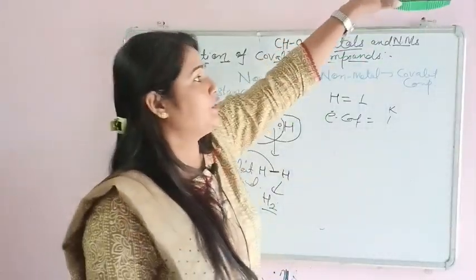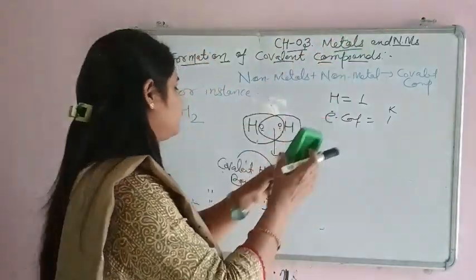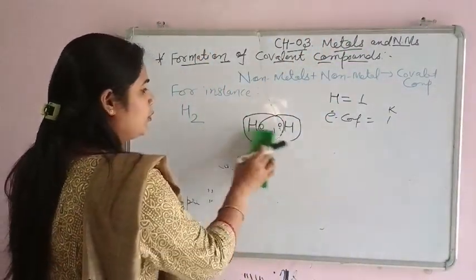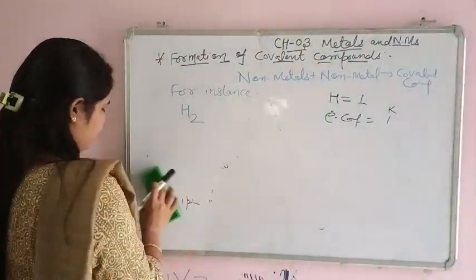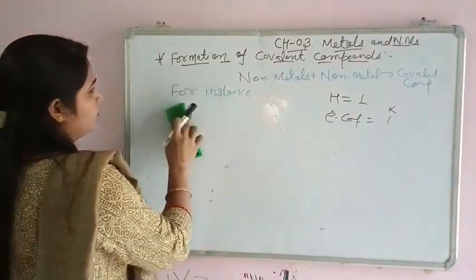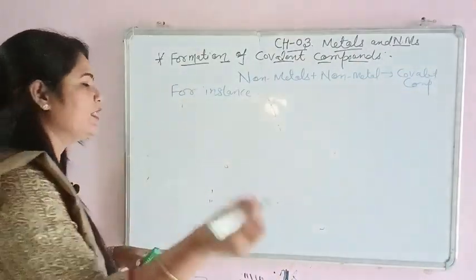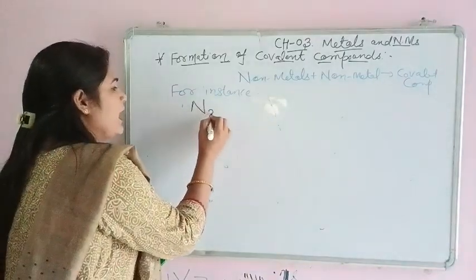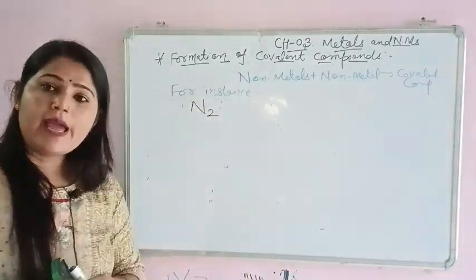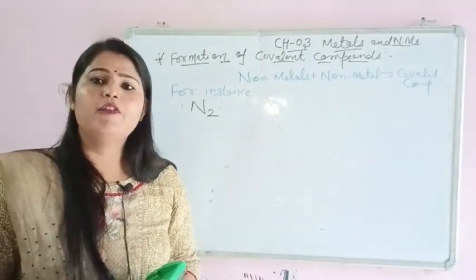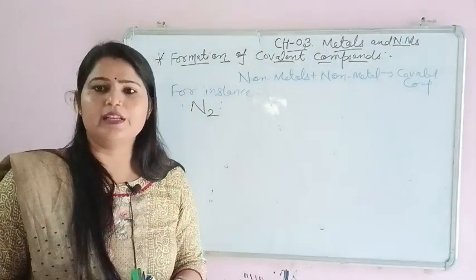So let's take another example. The H2 molecule is a covalent compound. Okay, let's take another example, that is N2, the formula of nitrogen gas.